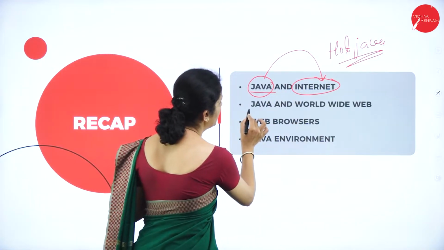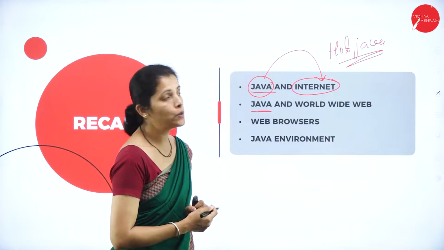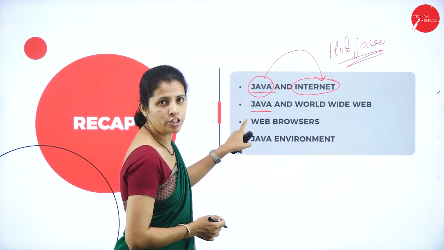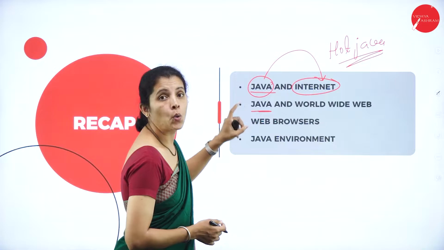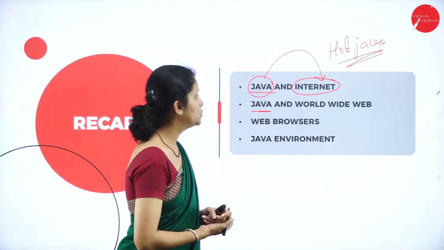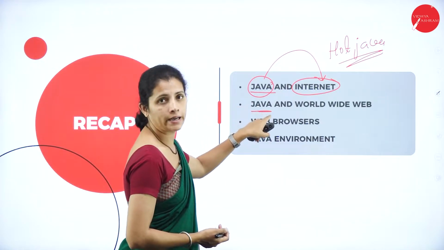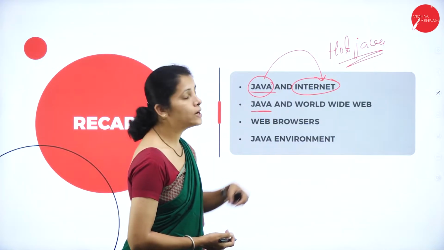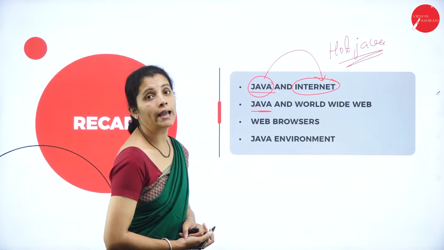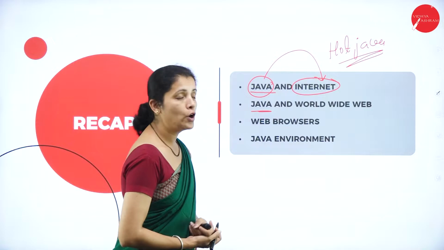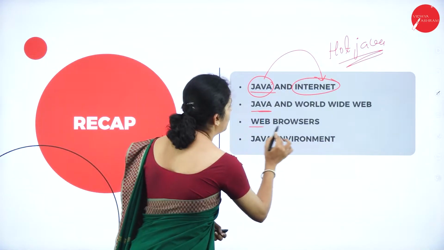Now, if I consider Java and World Wide Web, what is the relationship? To run web applications, to run web pages, I'm going to use Java. I'm going to use the Internet. So here, www is nothing but the repository where I can deploy web pages as well as websites.